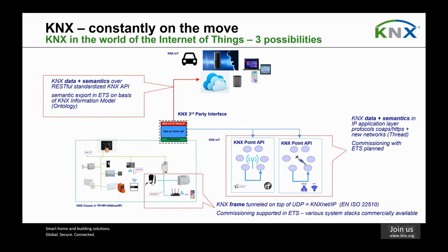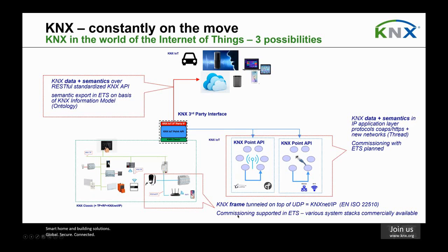This is referred to as KNX Net IP, but this is an extension to the classic system that tunnels a KNX frame on top of UDP. So the entire data is still a KNX frame. It holds all the relevant data of a KNX frame.